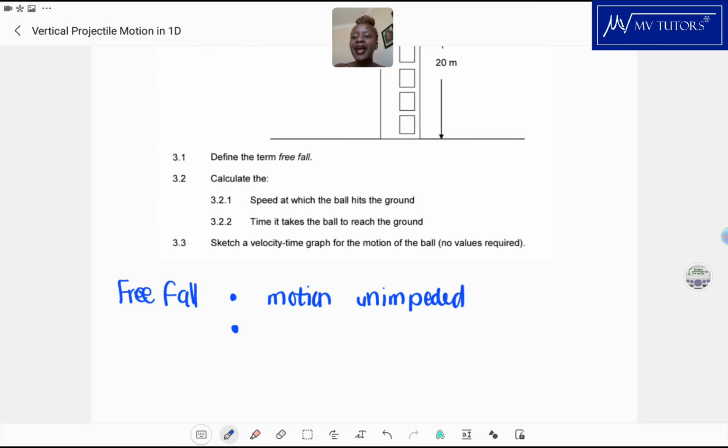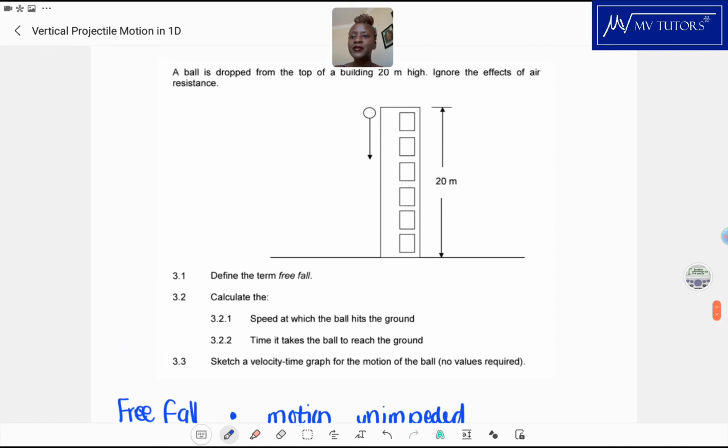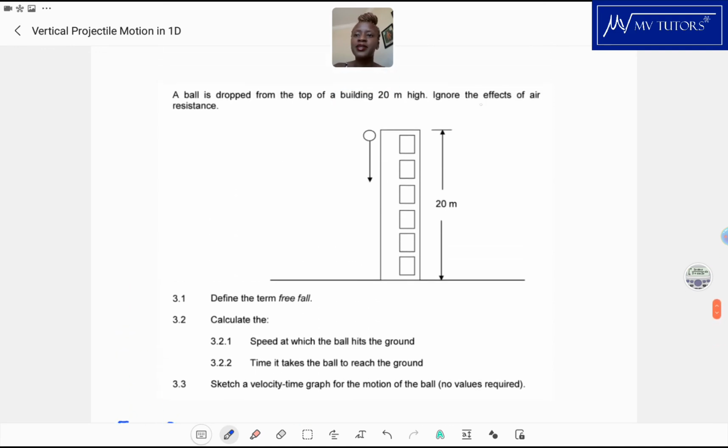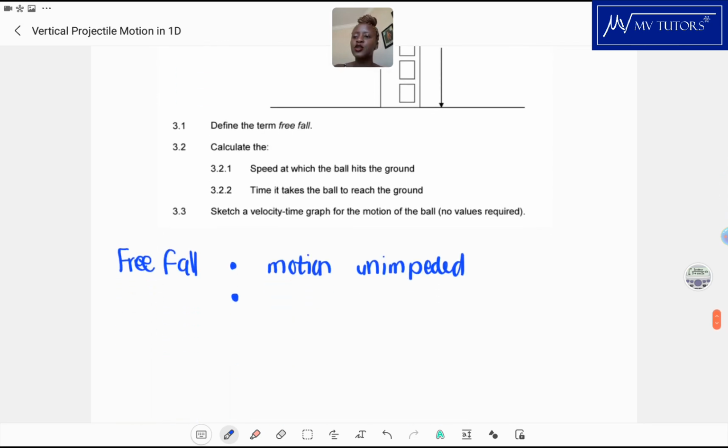Also, we do not take air resistance into account. Like we said, ignore the effects of air resistance.